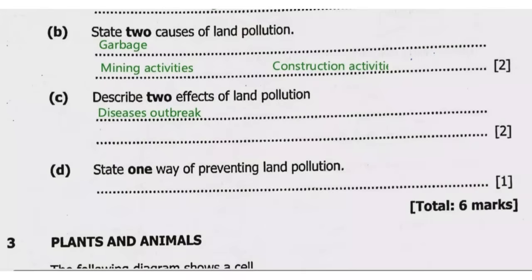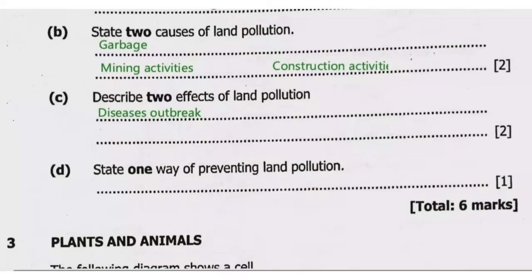Let's say people defecate anyhow, they pollute the land. Then flies sit there after the land is polluted, flies can go there and pick up germs. Then they sit on the food that they are about to eat, and they leave the germs there, and then people get sick. So the outbreak of diseases is one of the effects of land pollution.